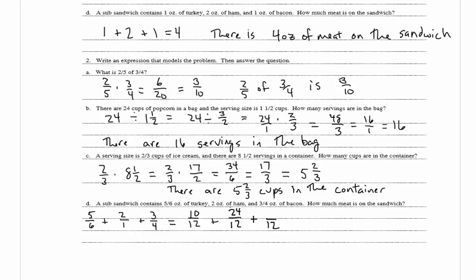So we're going to multiply 3 times 3. Gives us 9. And this is equal to 10 plus 24 is 34. Plus 9 is 43. So we could say 43 over 12. And then if we wanted to write that as a mixed fraction, 43 divided by 12 is 3 with a remainder of 7. So we could write this as 3 7/12.